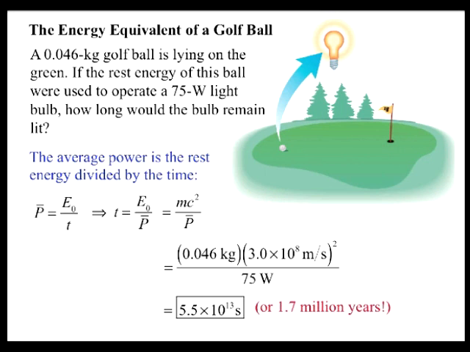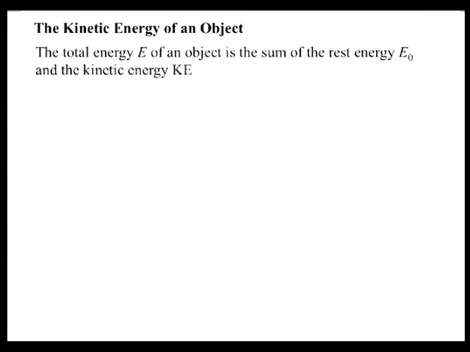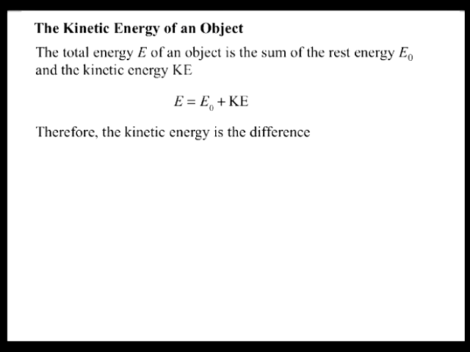When an object is accelerated from rest to a speed v, the object acquires kinetic energy in addition to its rest energy. The total energy E is the sum of the rest energy E0 and the kinetic energy Ke, or E equals E0 plus Ke. Therefore, the kinetic energy is the difference between the object's total energy and its rest energy.